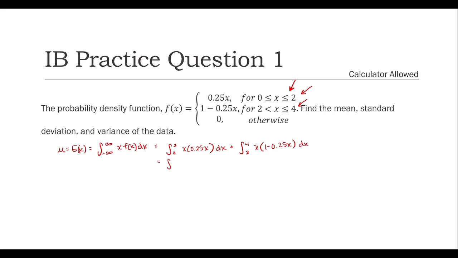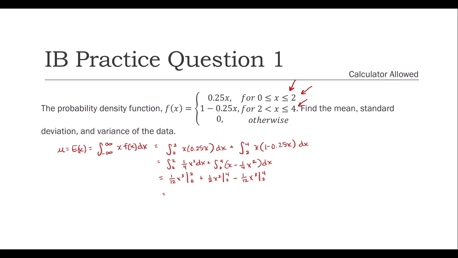So this equals the integral from 0 to 2 of 0.25, which is 1/4, x squared dx, plus the integral from 2 to 4 of x minus 1/4 x squared dx. So this will equal 1/12 x cubed, evaluated from 0 to 2, plus 1/2 x squared, evaluated from 2 to 4, minus 1/12 x cubed, evaluated from 2 to 4.